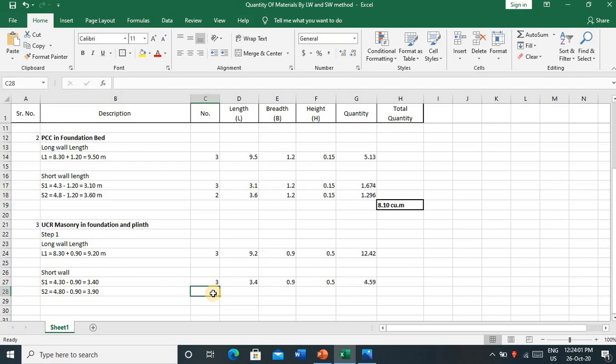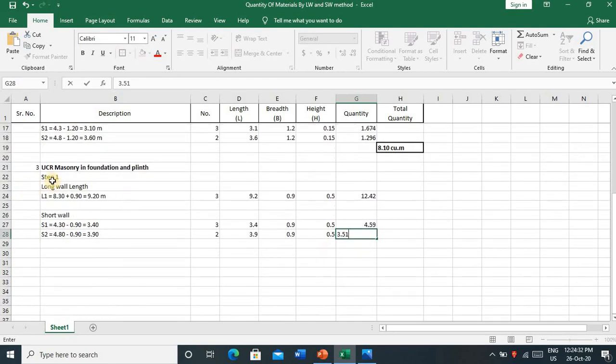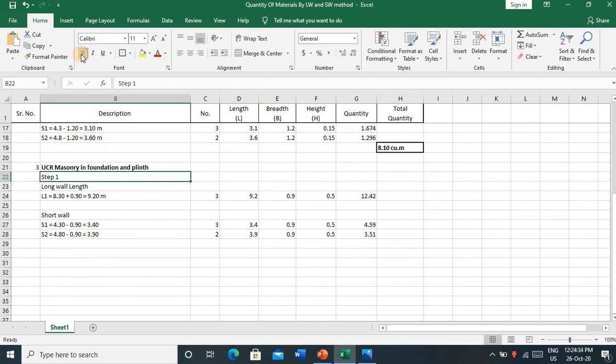For S2, numbers 2, length is 3.90, breadth is 0.90, height is 0.5, answer is 3.51. Okay, so this was for step 1.